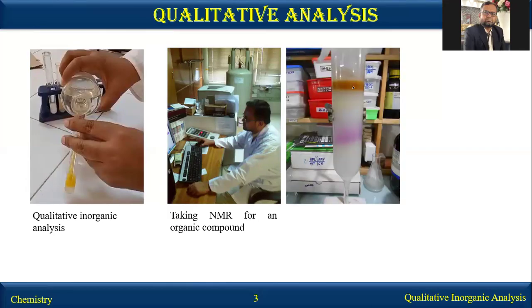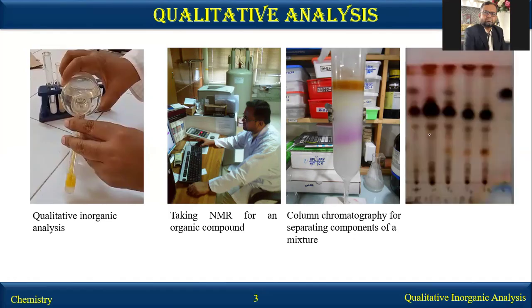Column chromatography can separate the different components depending on their different Rf values, and it is a part of chromatography called column chromatography. This is also the chromatogram. Another type of chromatography is thin layer chromatography, where we can compare different samples, whether they have the same components or not, or we can identify certain chemicals.